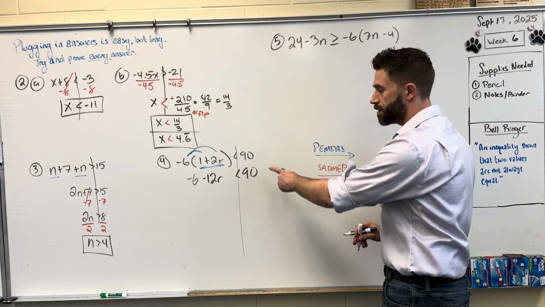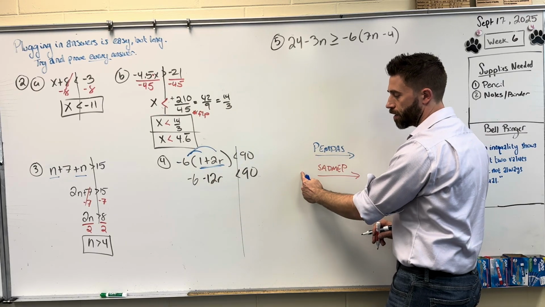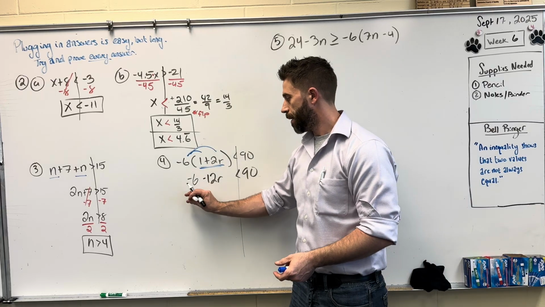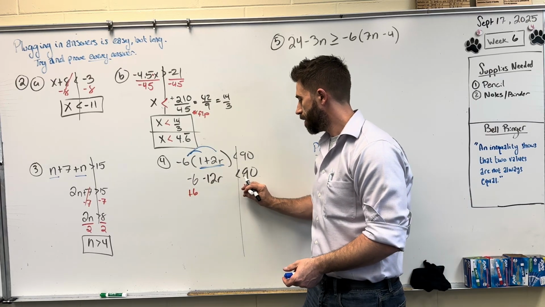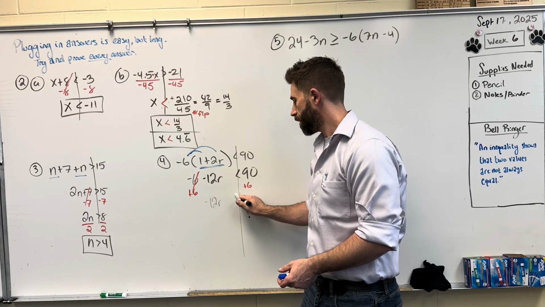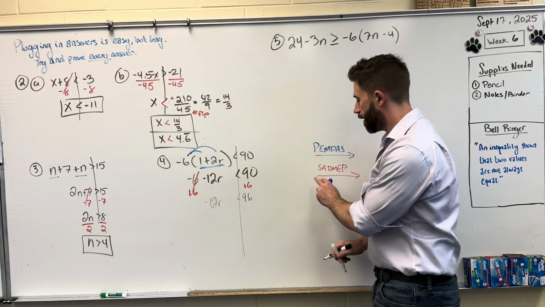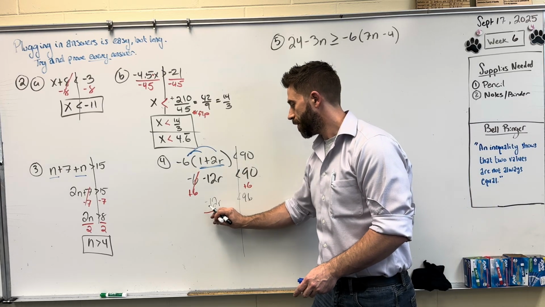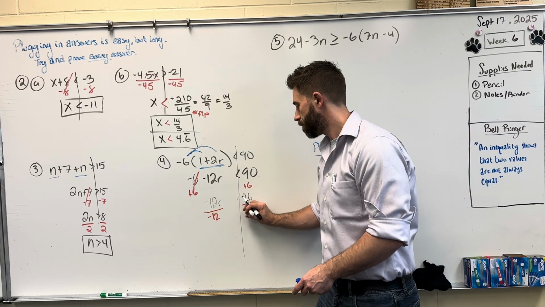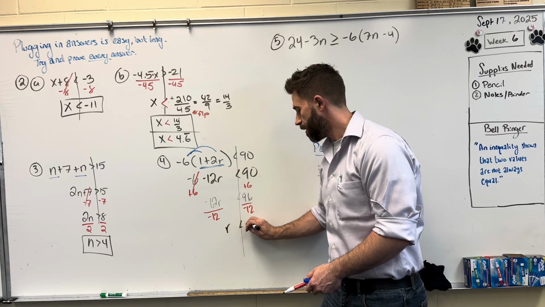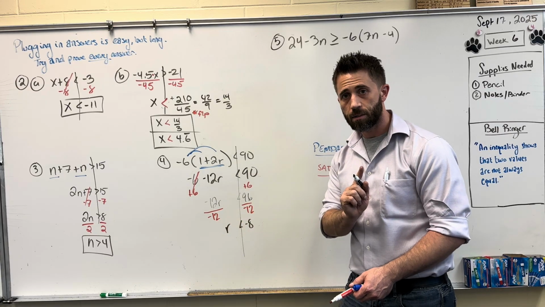So now that I've simplified everything, I'm going to start undoing things on the side of the variable in reverse PEMDAS order. So that -6 needs to go away by being added. Now I have -12r is less than 96. And now that I get rid of the add subtract step, I move on to divide multiply, which means I'm going to divide both sides by a -12. That's going to give me r is less than -8. Pause.